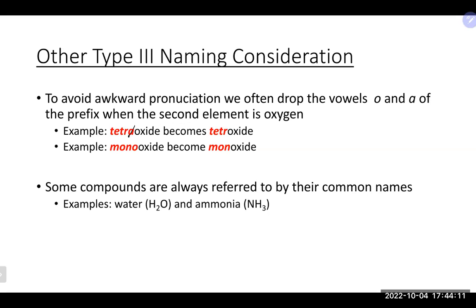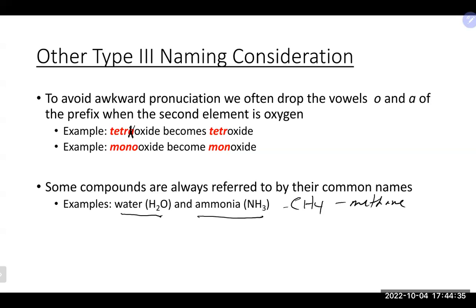We do drop the A off of that when we have the A and the O, and it just becomes tetroxide without the A. A couple of compounds, especially some of these molecular ones, are just named by their common name, definitely water, as we talked about before, ammonia, CH4, which is methane. These should use their common names as well.